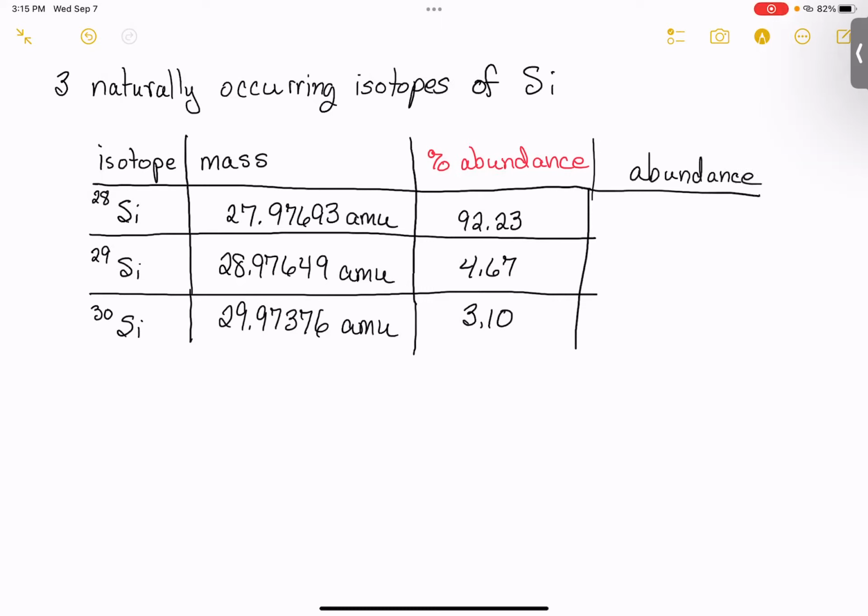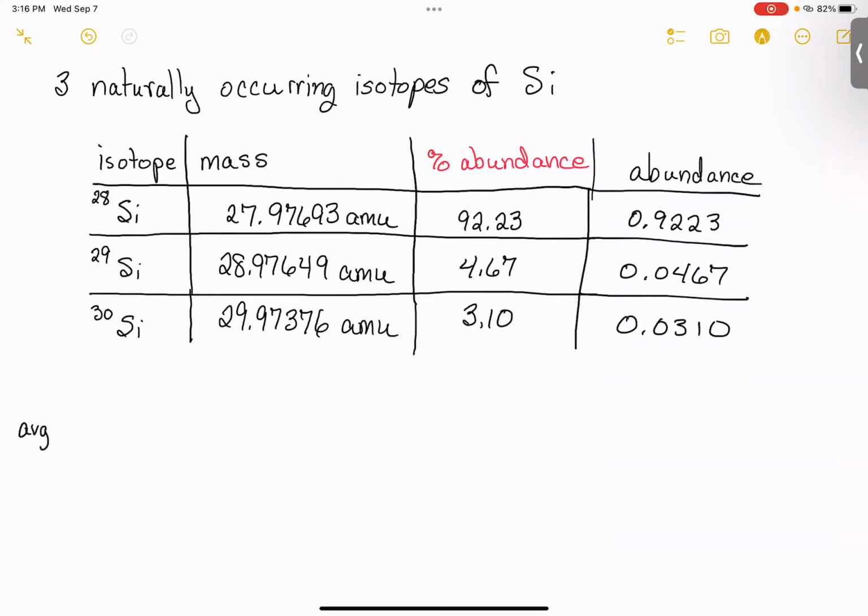First thing I'm going to do is take my percent abundances out of percentage and just get them into abundance. Now I'm going to apply my formula.